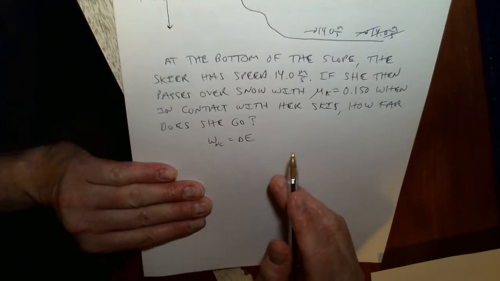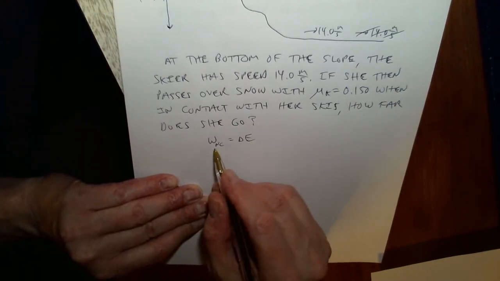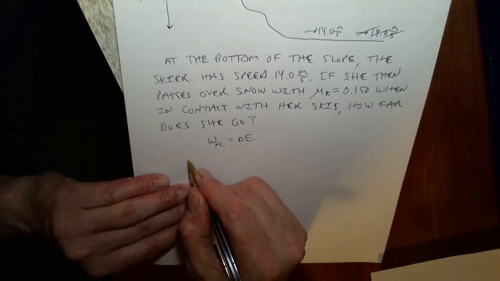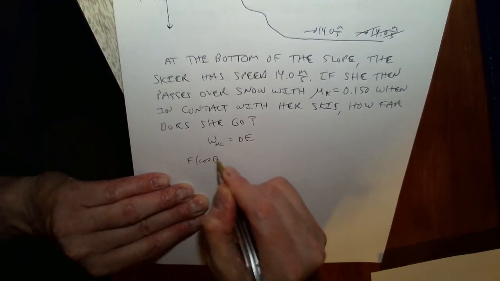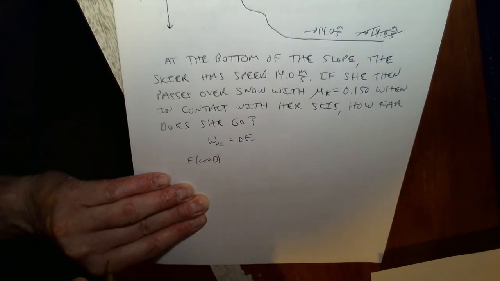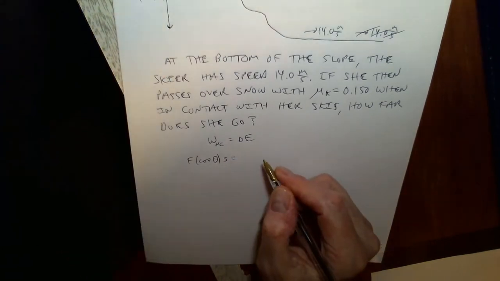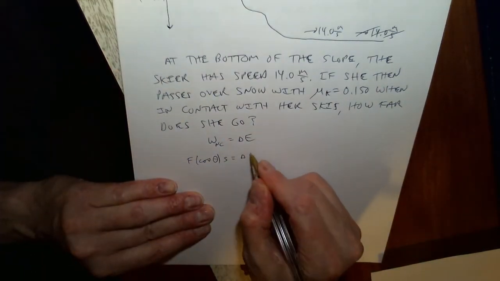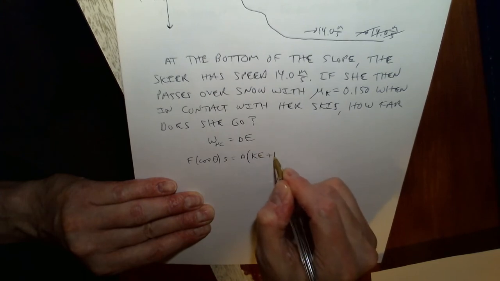So the non-conservative work is equal to the change in energy. The non-conservative work is the force times cosine of the angle between the force and the direction of motion times the distance traveled. The change in energy is the change in kinetic plus potential energies.